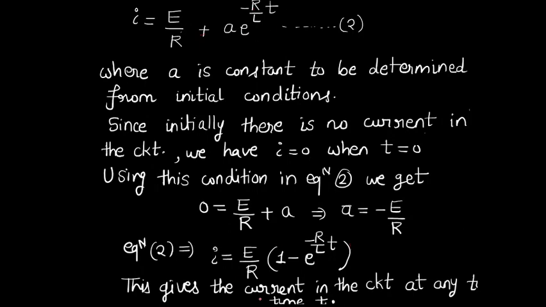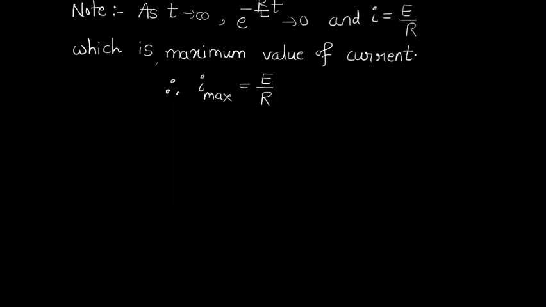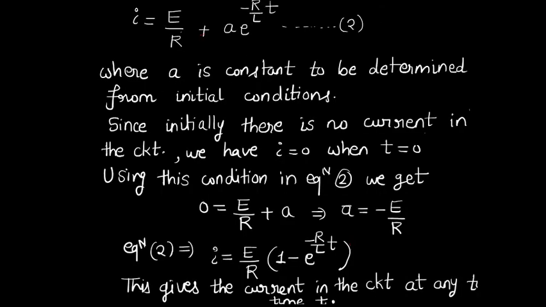So this gives the current in the circuit at any time t for an RL series circuit. I hope this derivation part is clear to you all. On the same line, just note here, in this expression, when will this current be maximum?